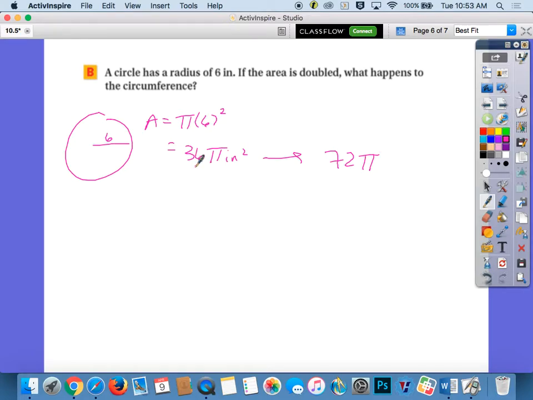It wants to know what happens to the circumference. So for my original circle, my circumference is going to be 2 pi times 6, which is 12 pi inches, and I am examining how I go from this to my new circumference. However, I need to figure out what my radius is. So don't forget about what your formula is.